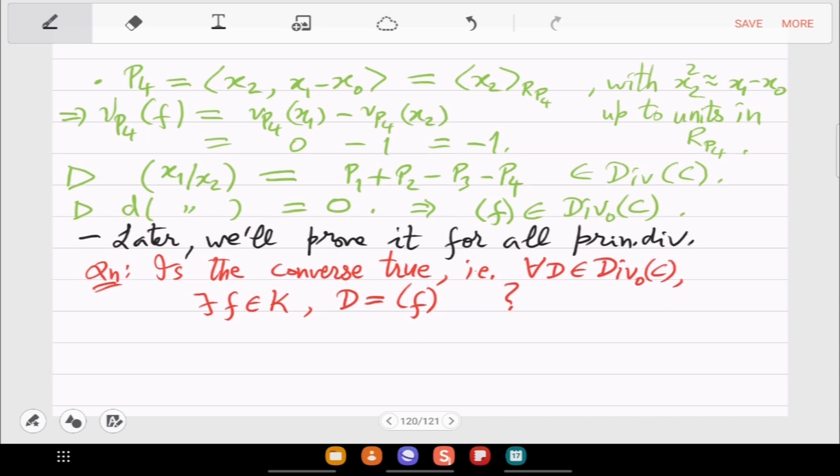It will be strictly bigger than k, big K, the function field. Okay, and how big it is will tell you how many holes there are in the curve, which we'll call genus. Okay, we'll measure those things. But it takes a lot of development, so don't get too excited. Okay, so let's just collect what we have deduced now.